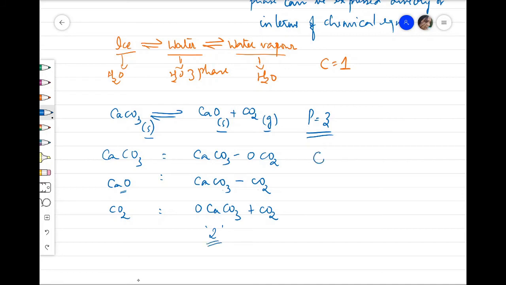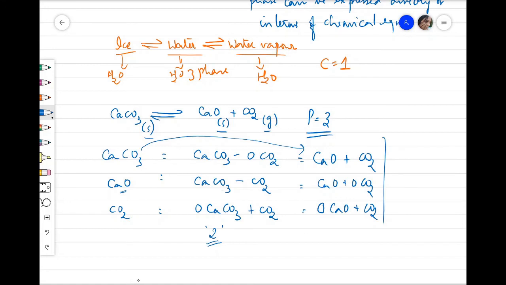Now I can also take calcium oxide and carbon dioxide. In that case, this phase will be calcium oxide plus carbon dioxide, this will be calcium oxide plus 0 carbon dioxide, and this will be 0 calcium oxide plus carbon dioxide. So you see, with two components I could define all three phases.